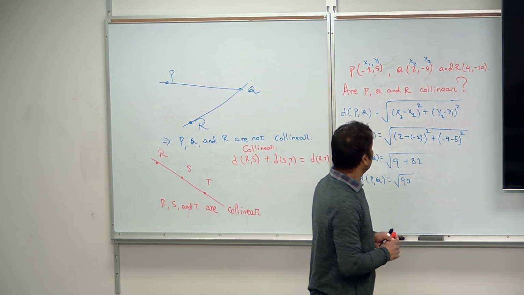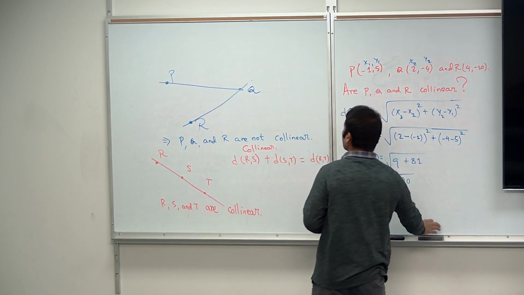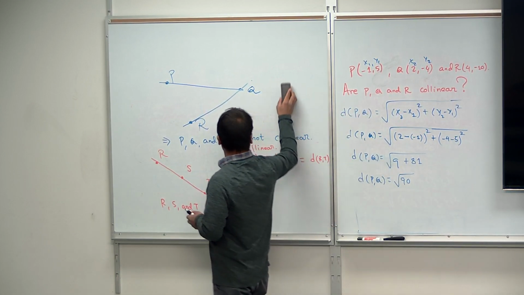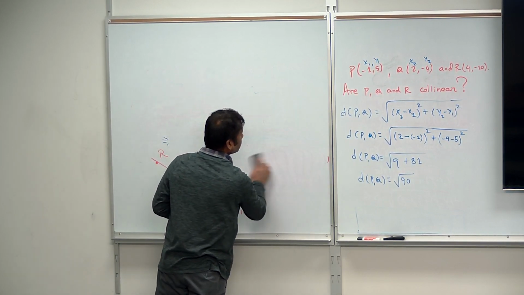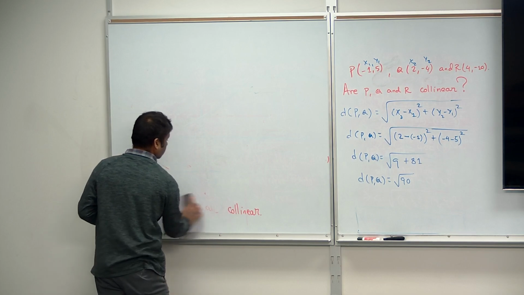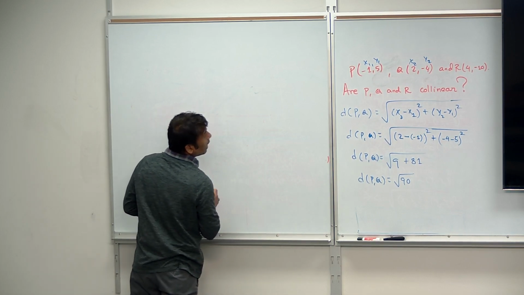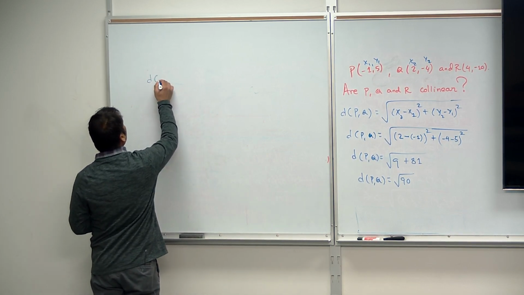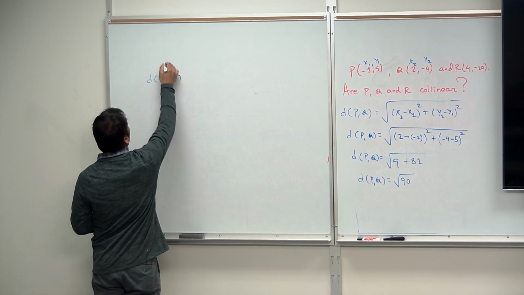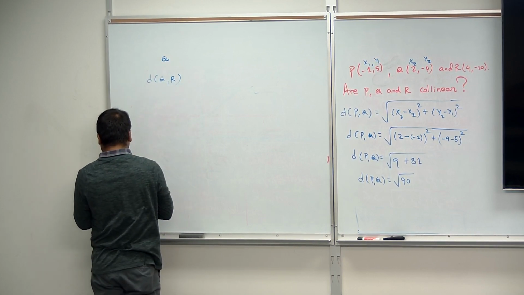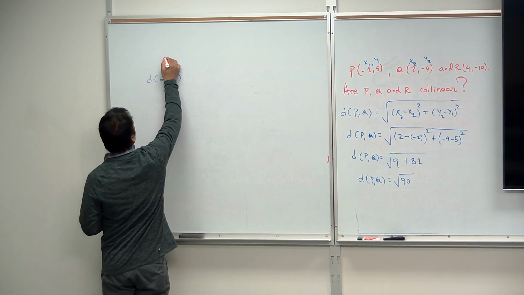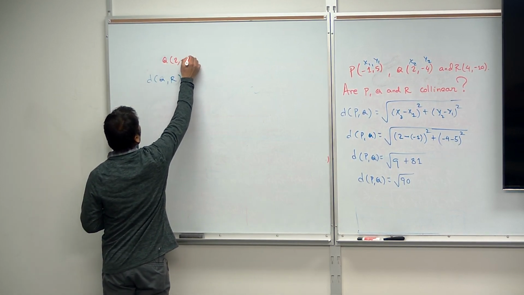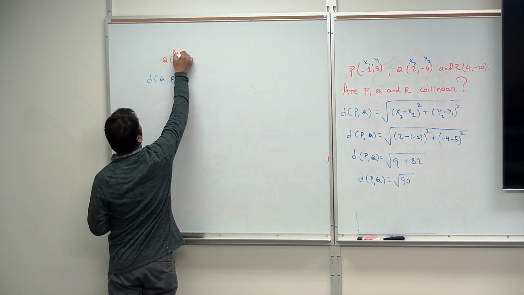Right? So similarly, let us find the distance between QR. Q is the point 2 comma negative 4. Let's say this is my x1, y1.